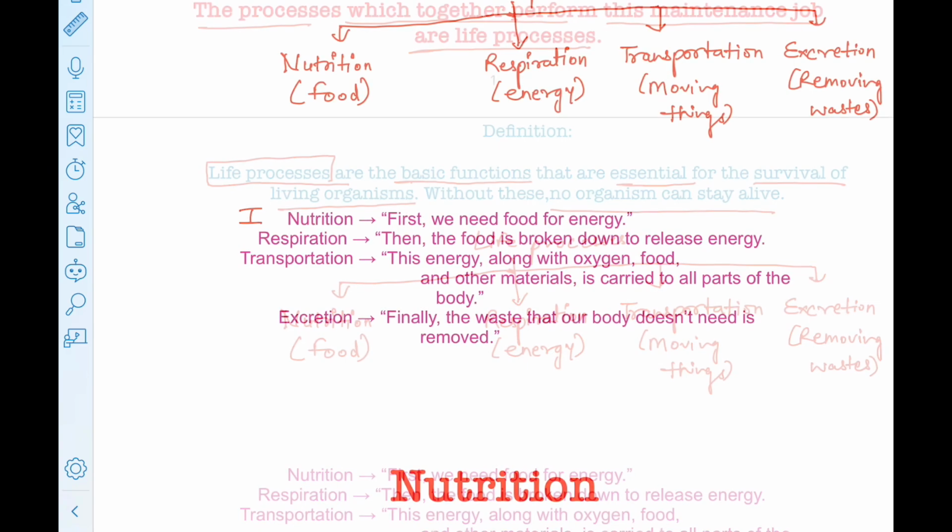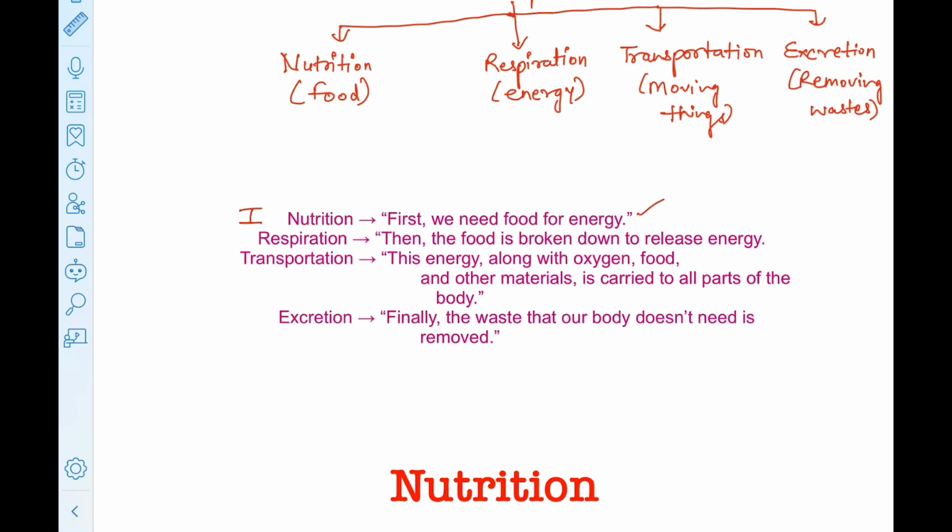First we need food for energy. Then the food is broken down to release energy, because our body cannot utilize this food directly, so it needs to be broken down first and then it provides us energy. Third is transportation.